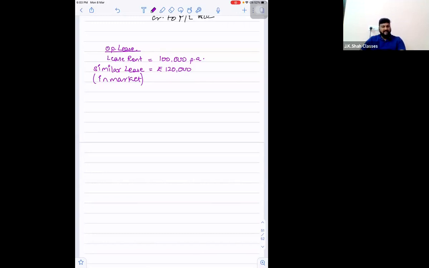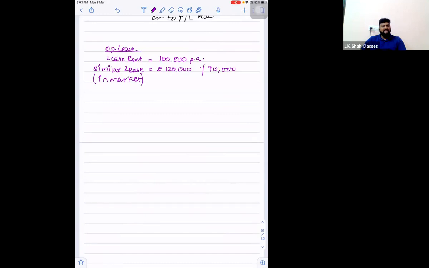You are compensated at a lower lease payment as compared to the fair market value. So you are paying less. So against this benefit, you defer the loss. You defer the loss. Right? But what if, sir, the similar lease in the market is available for 90,000 only?